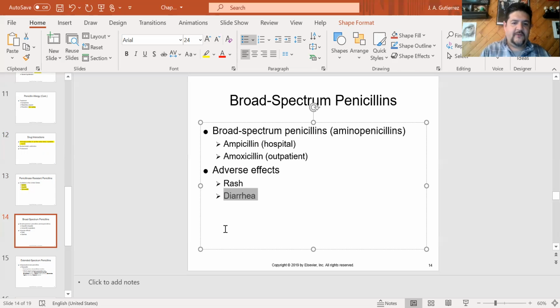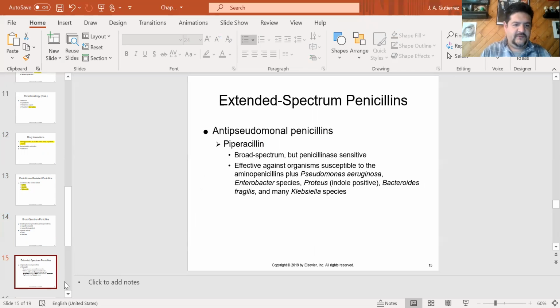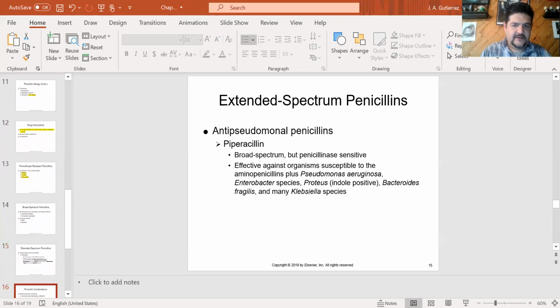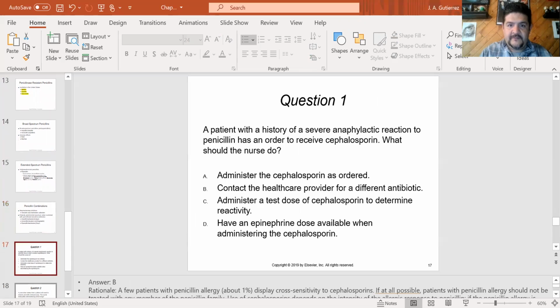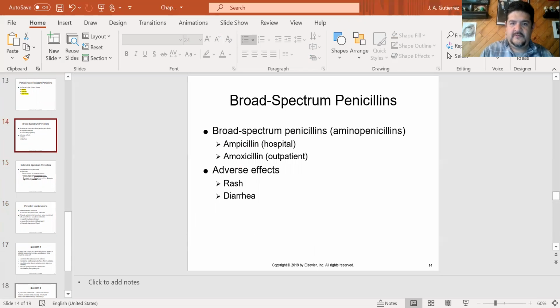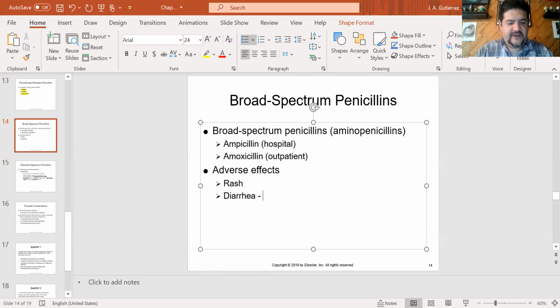As soon as you hear diarrhea because of antibiotics, you need to do a triage for pseudomembranous colitis.